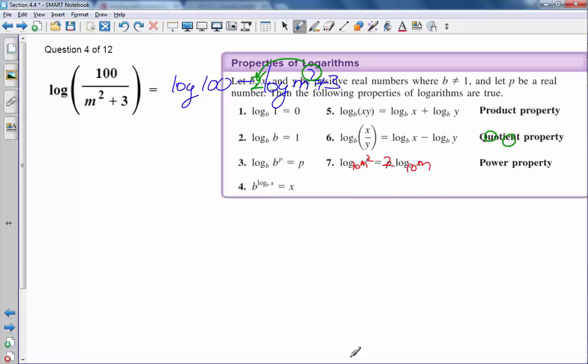That's not the issue. Because it's being added to 3. Yeah, this nasty 3 is spoiling the question. Why? To be able to let a power escape, it must be a power of the entire inside terms. This square must be around everything so you can let it go. This 2 is only power of m, not 3, and these two are together in the logarithm. Unfortunately, that 2 is locked in there, won't go anywhere.